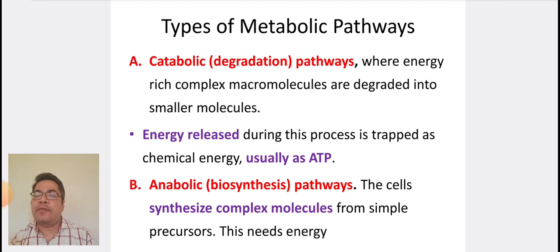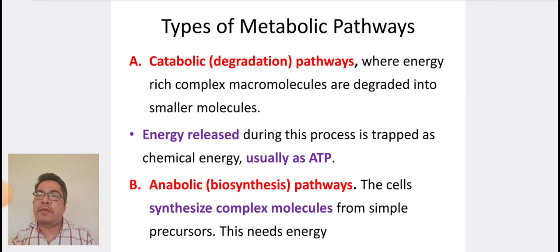Coming to types of metabolic pathways. A. Catabolic or degradation pathways, where energy rich complex macromolecules are degraded into smaller molecules. Energy released during this process is trapped as chemical energy, usually as ATP. B. Anabolic or biosynthetic pathways.